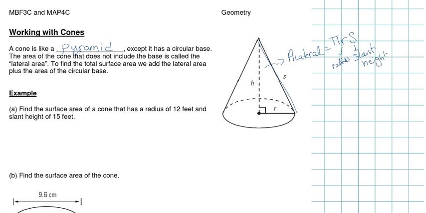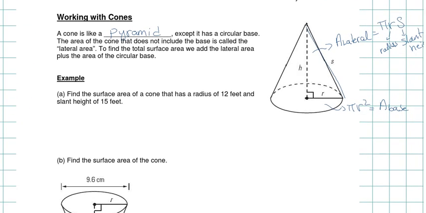And then the area of the circle is pi r squared. That's the area of the base. So to find my total surface area, I need to add the two. So the surface area is pi r squared plus pi r s.